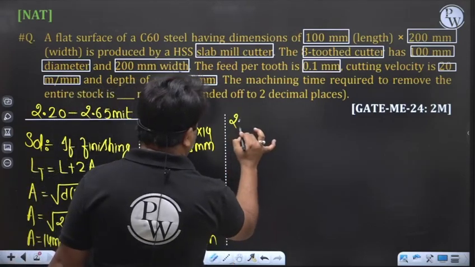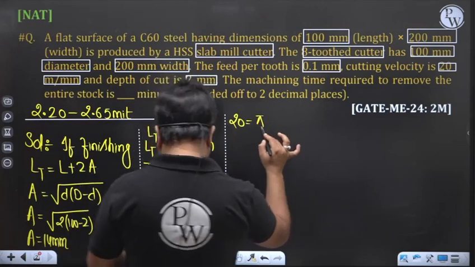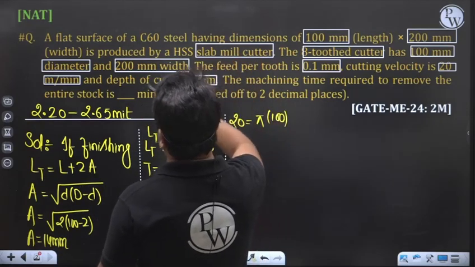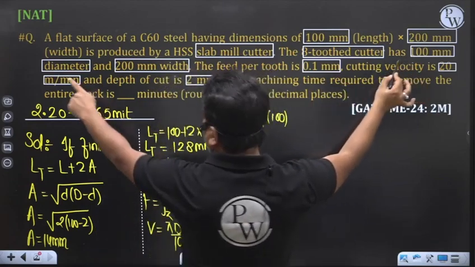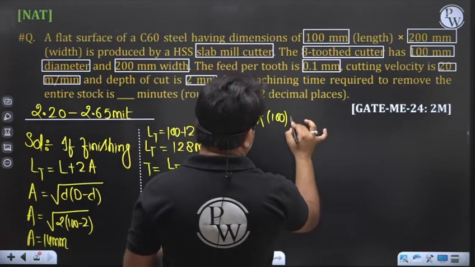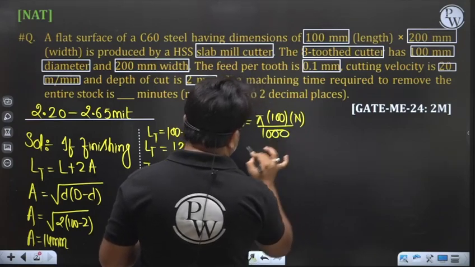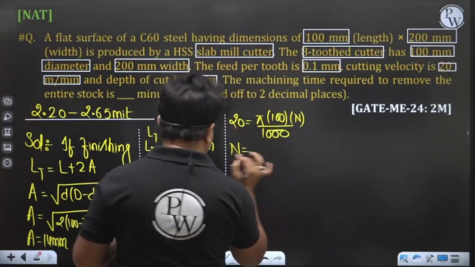V is 20, equal to pi, D is 100, the diameter, pi dN divided by 1000. So here comes the RPM.